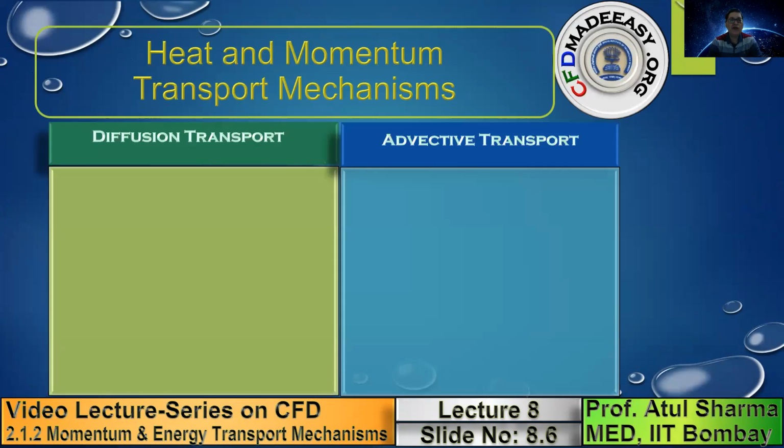Whenever we talk of transport of heat and momentum, in heat transfer as well as in fluid mechanics, there are two transport mechanisms. Although in an undergraduate course we study fluid mechanics and heat transfer as separate courses, both have the same transport mechanisms and can be studied together in a single course called transport phenomena.